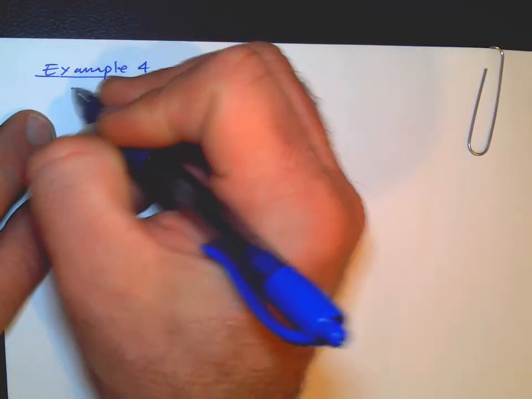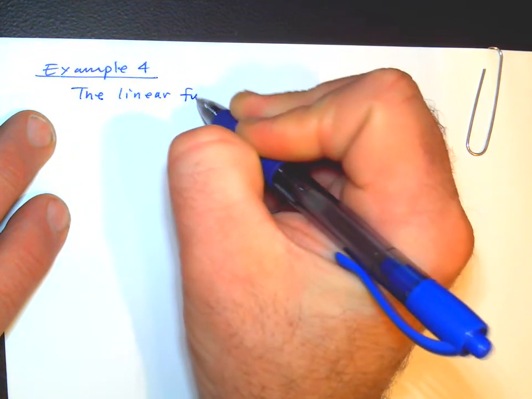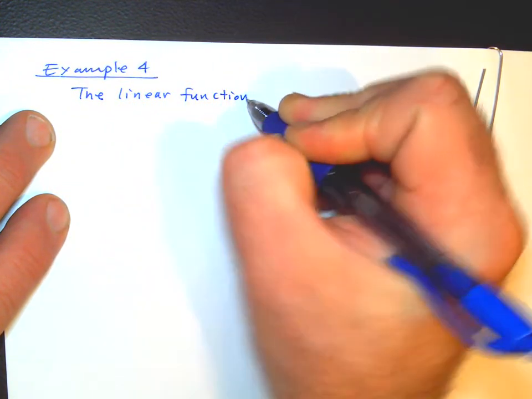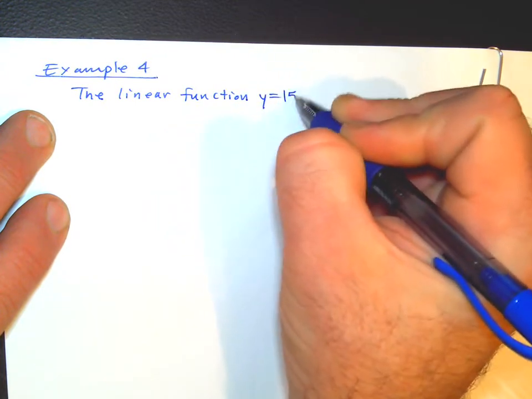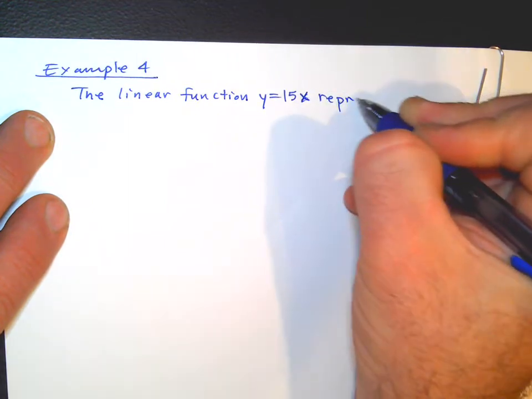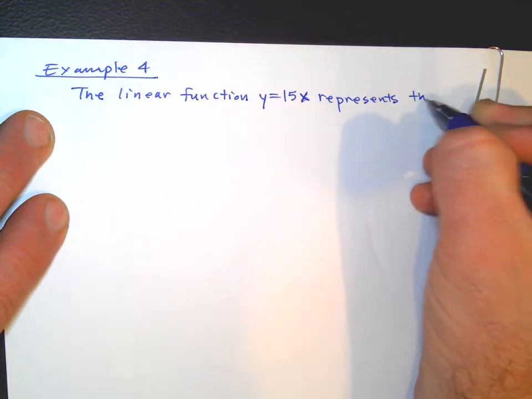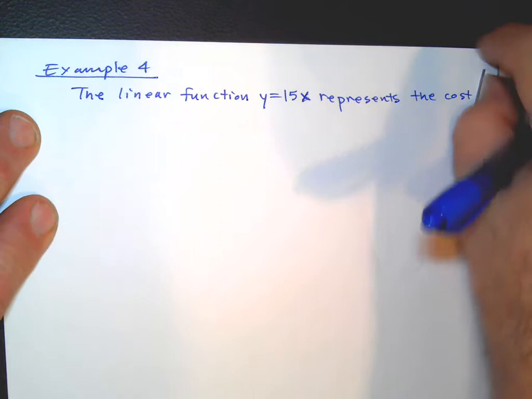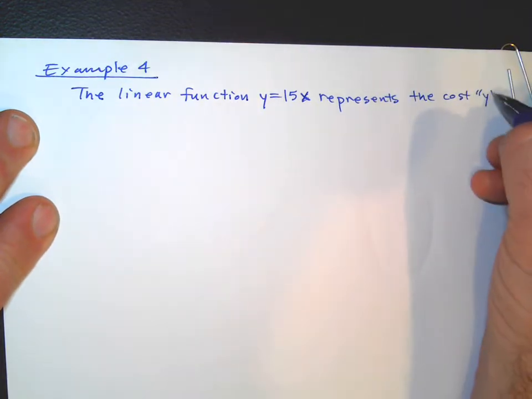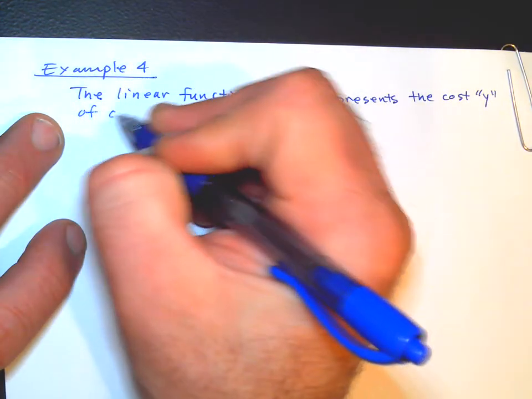And so the problem says, the linear function y equals 15x represents the cost y of concert tickets.